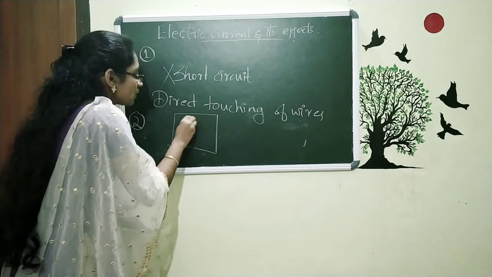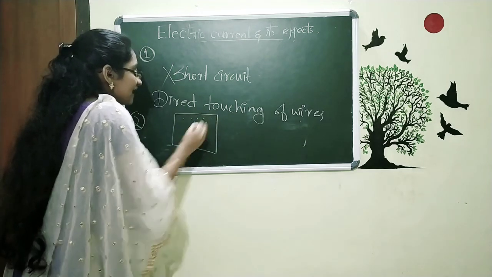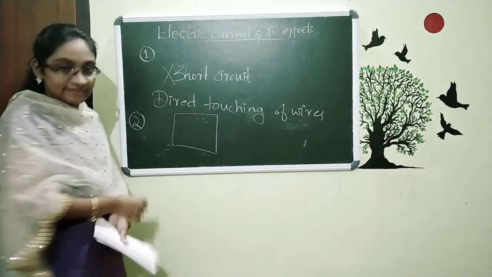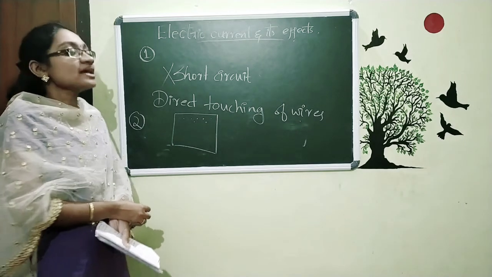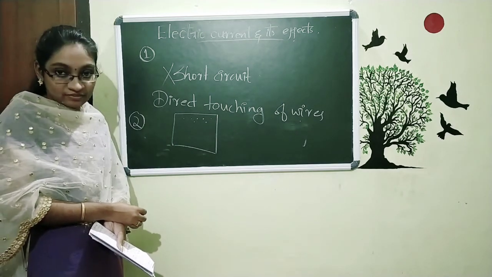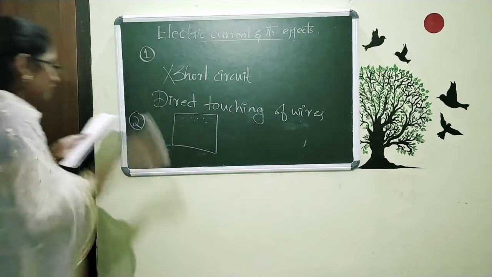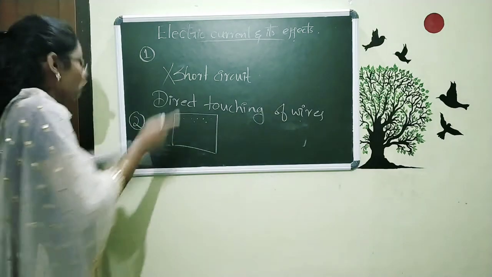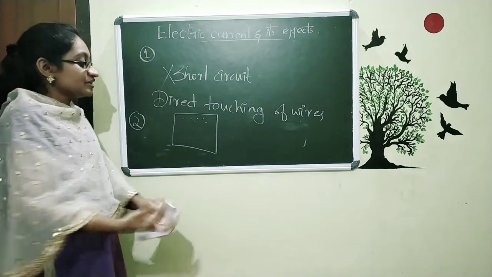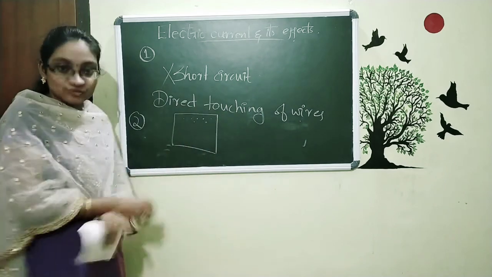I have so many sockets here, and I am connecting all these devices with a single circuit, and then what will happen? Again there is a possibility of overload, which means we are continuously connecting all the devices together.